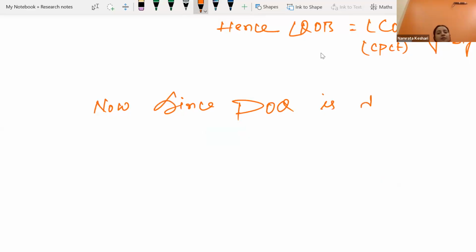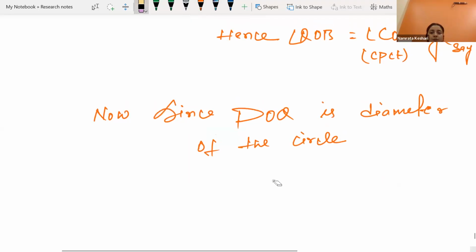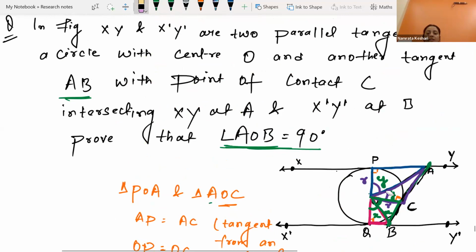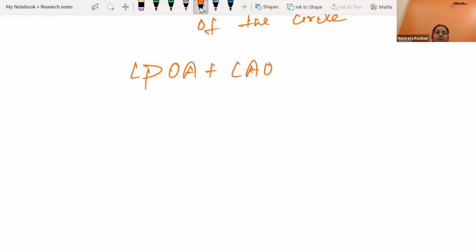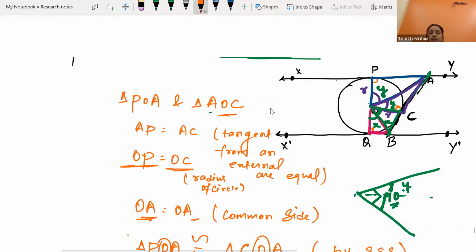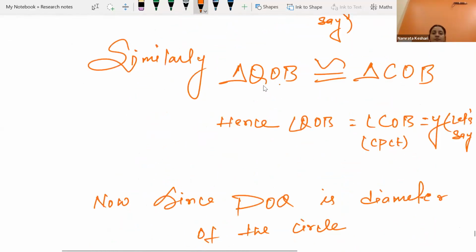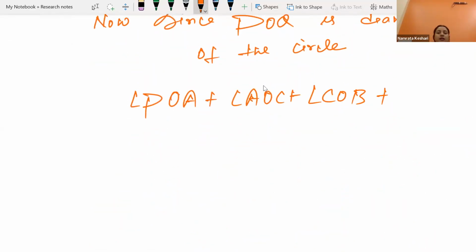Therefore, let's write the proper names first: angle POA plus angle AOC plus angle COB plus angle BOQ, all added together, will make 180 degrees, of course, because it's a straight line.